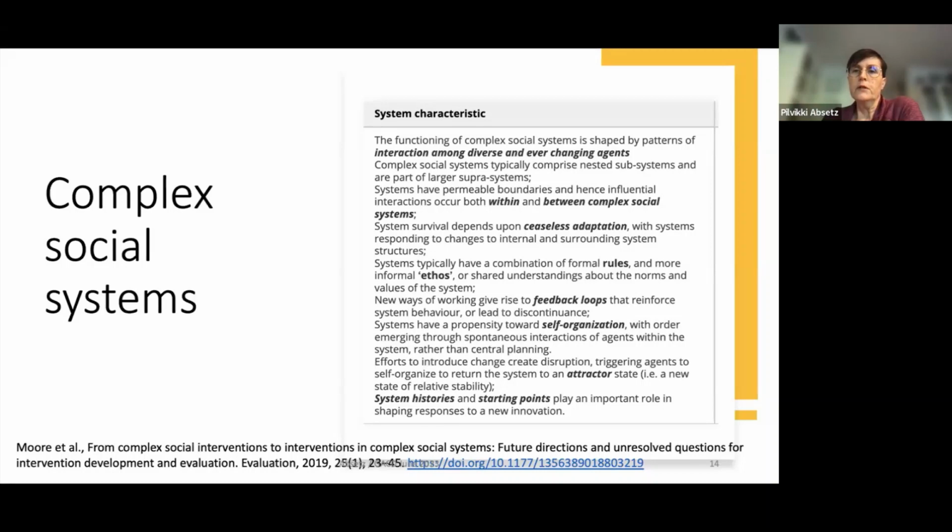There are different subsystems and larger suprasystems, and the boundaries between these systems are permeable, with interactions within and between the systems.